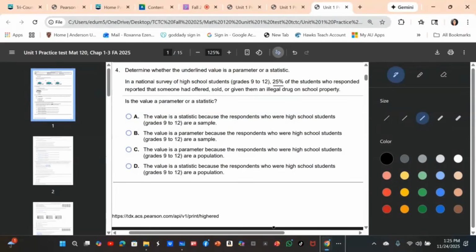Is the value a parameter? It's a parameter because it is taken from the population.